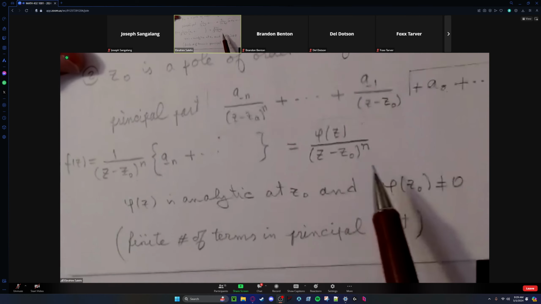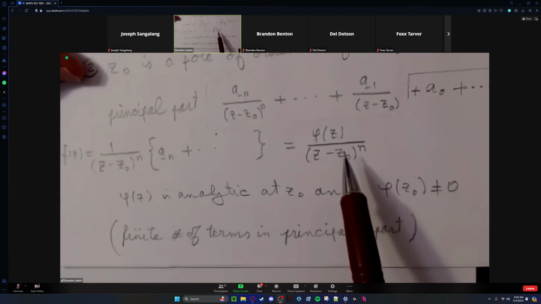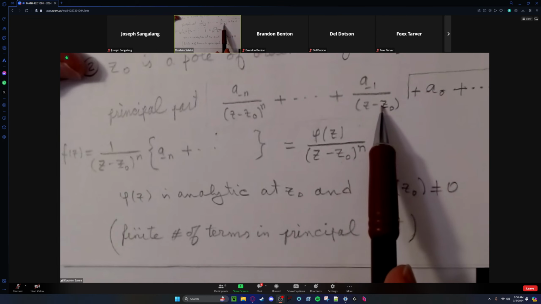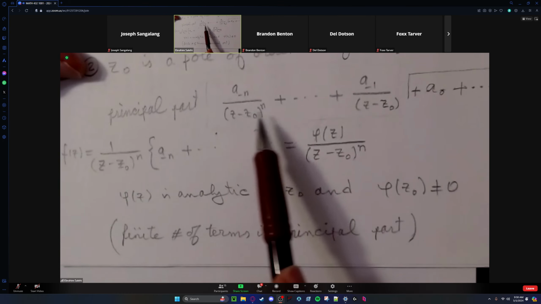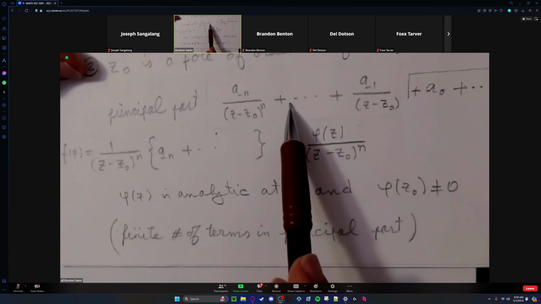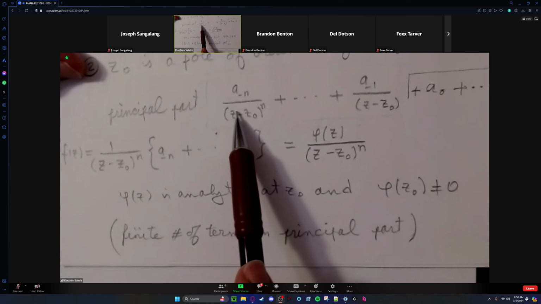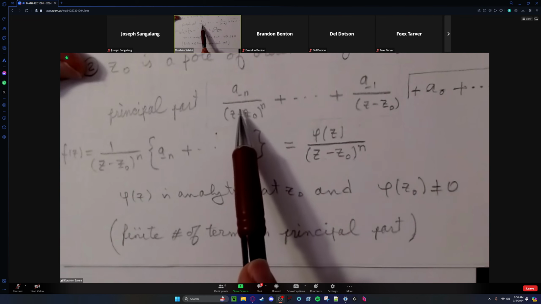In this fashion, of course, the principal part, remember, is all the negative exponents. We have a finite number of terms in here, right? We have only n of them.